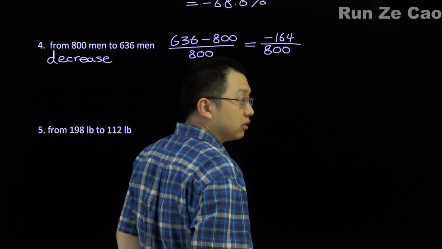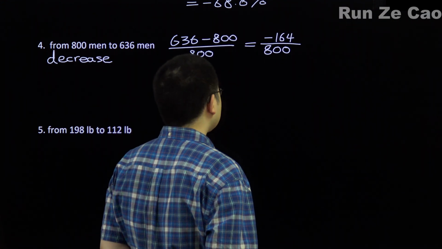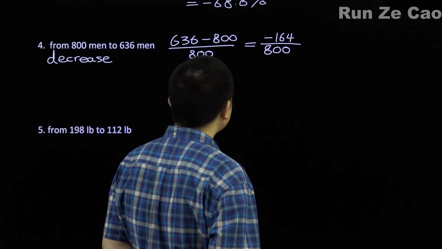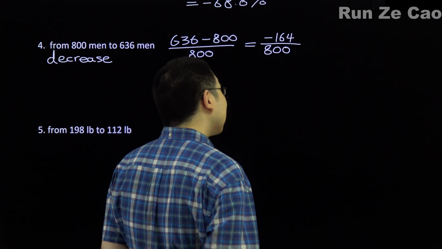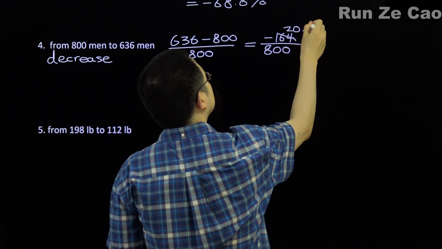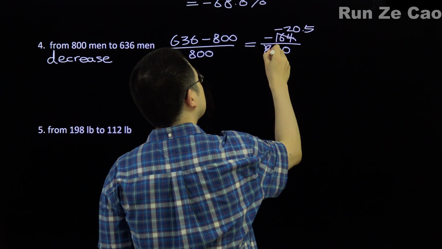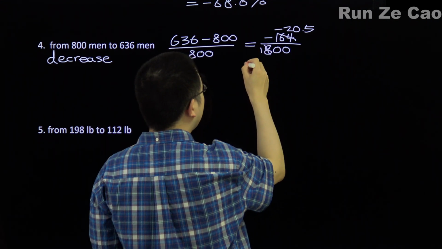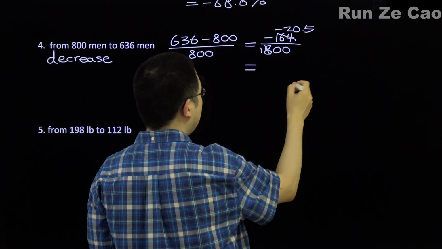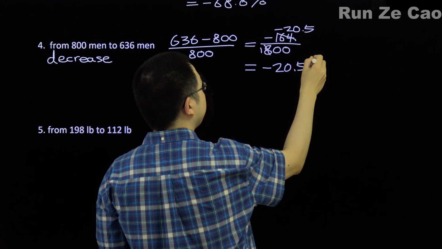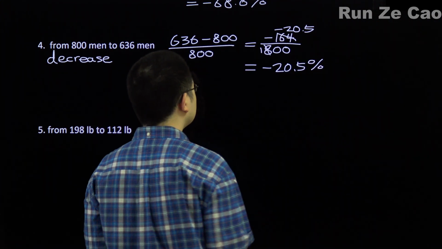And once you divide by 4, dividing by 2 again is not that hard. So, 160 is 20 times 8. This is going to be negative 20.5, and cross out the 8, it's going to be over 100. So in other words, we're looking at negative 20.5%.